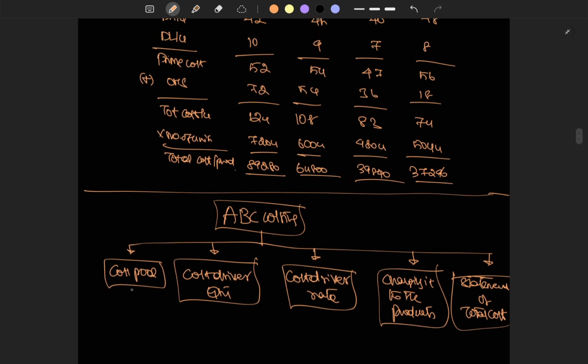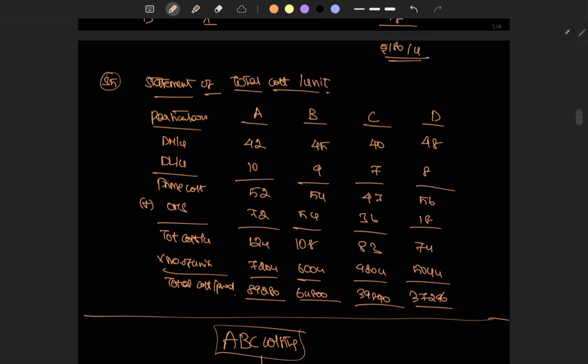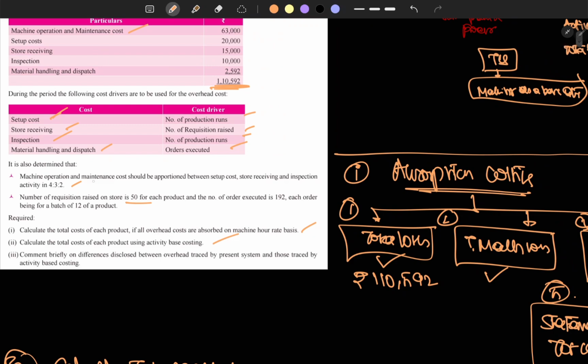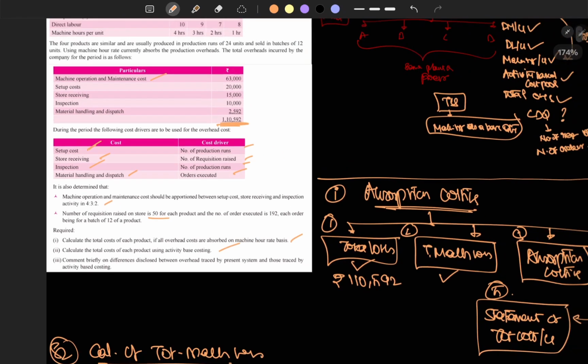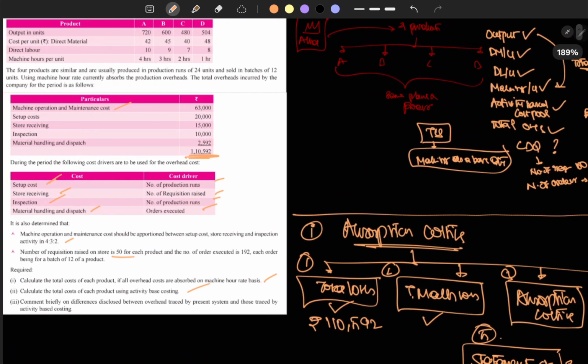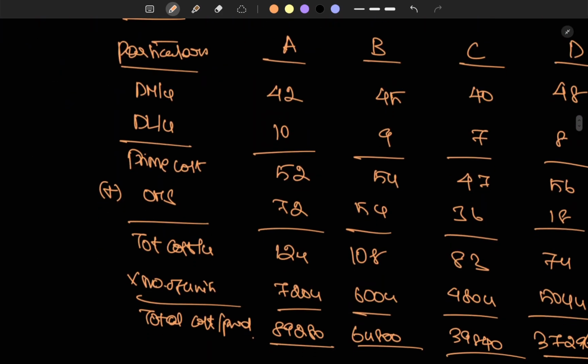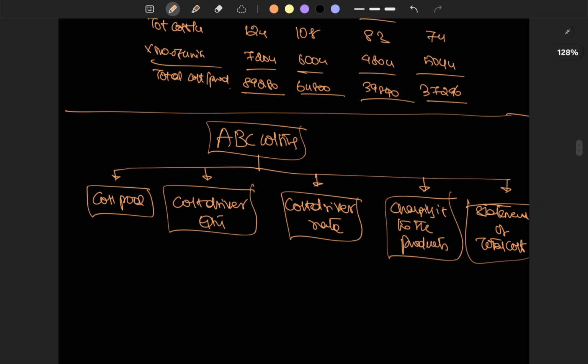Actually, why is there a cost pool given in this sum? Actually, the cost pool was given, but we have to reconstruct. See here, machine operation and maintenance cost should be apportioned, so we have to apportion it. What's the machine operation maintenance cost? It is 63,000. Let's apportion and reconstruct the cost pool. Now the first step is cost pool reconstruction.